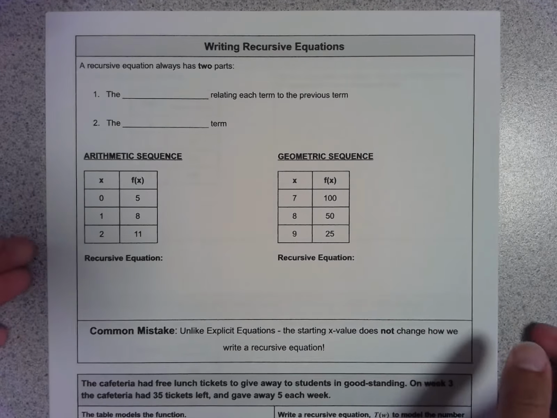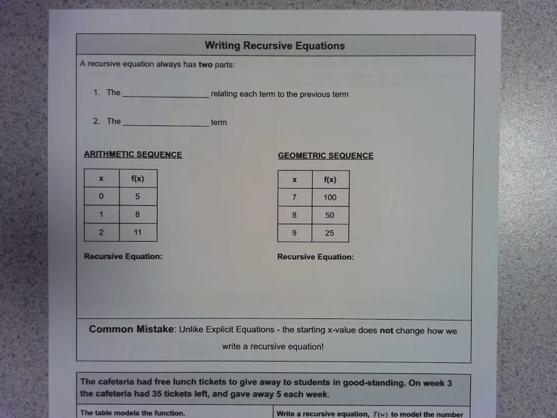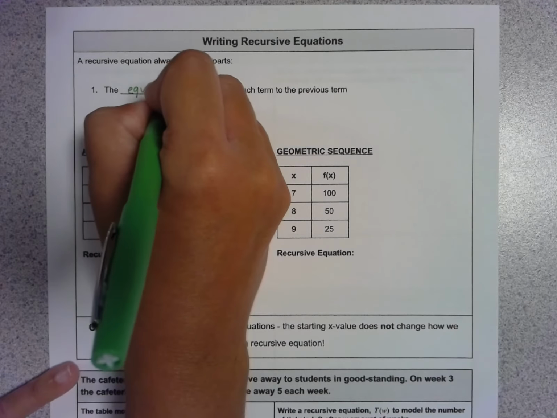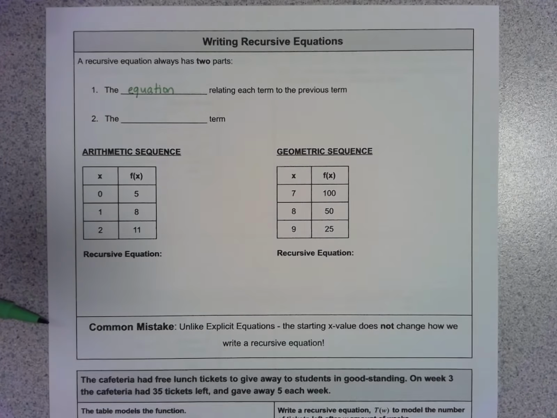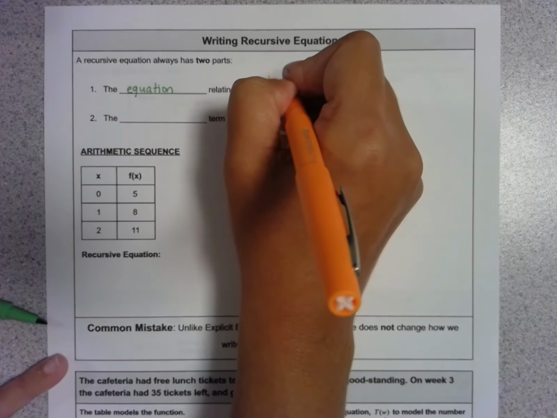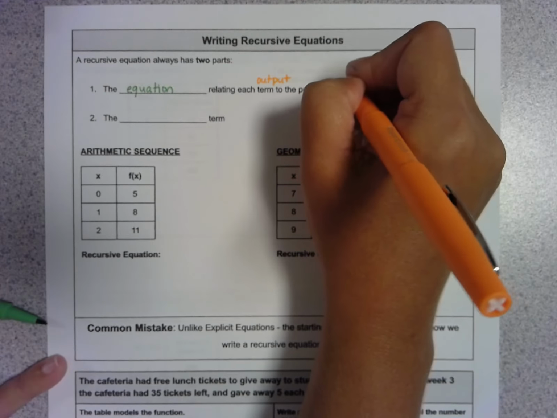So, writing recursive equations. A recursive equation always has 2 parts. It has an equation which will always relate each term to the previous term. We're going to be looking at the output related to the previous output.